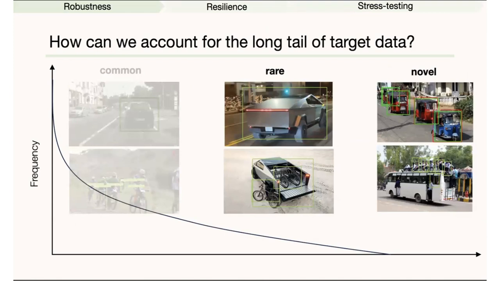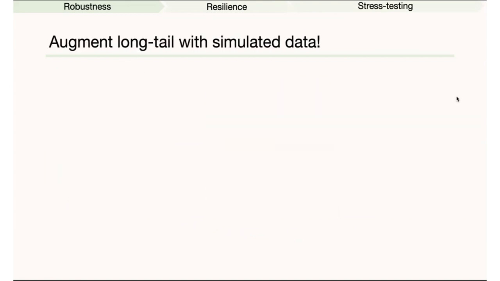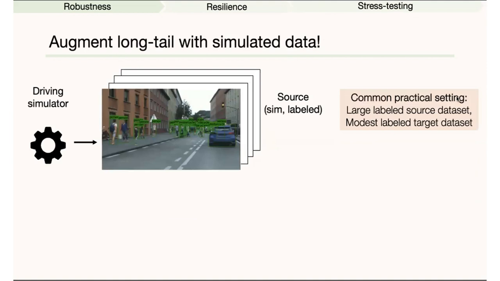So in this project, we wanted to consider how we can account for the long tail of real training data. In safety critical tasks like self-driving, it's pretty common to have access to a high fidelity simulator, right? So naturally, if you have access to such a simulator, you can simulate a really large labeled dataset, and you get labels essentially for free.